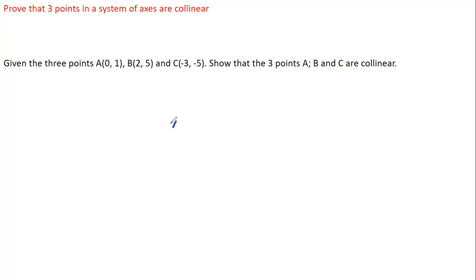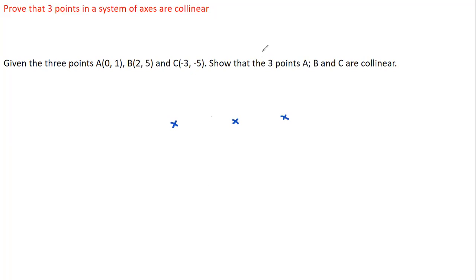this is a point. This is another point. And this is another point. As you can see in front of you, I have drawn 3 points in front of you.